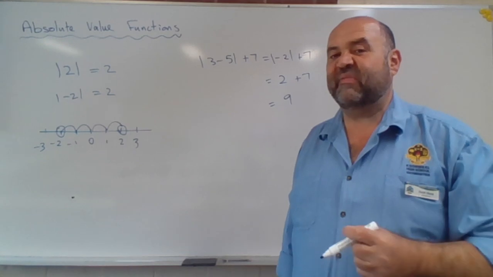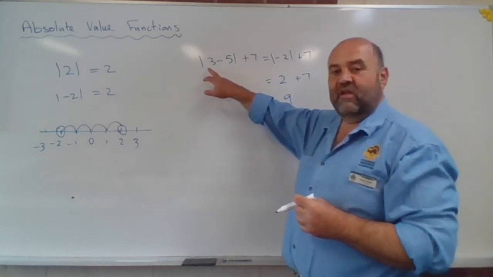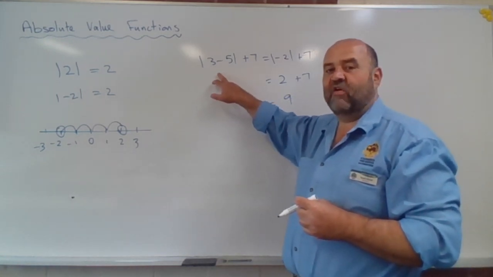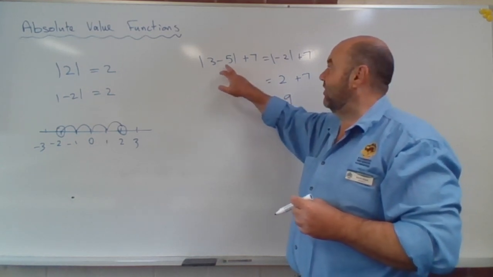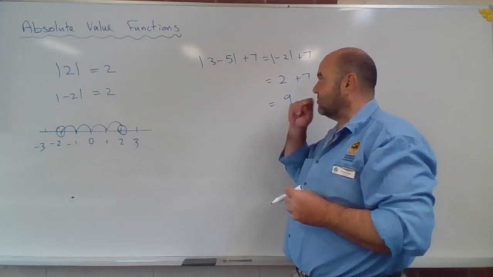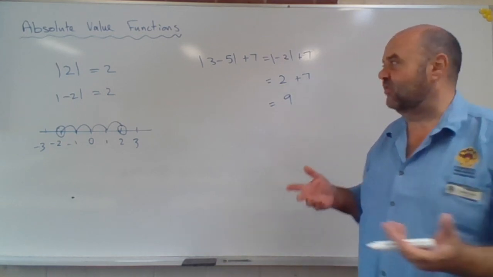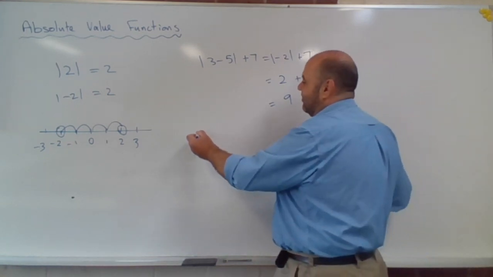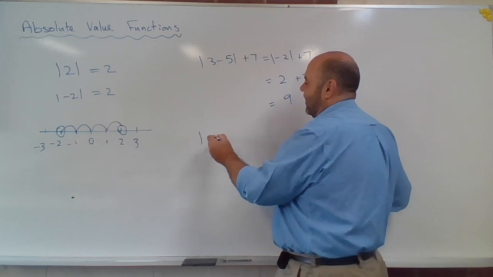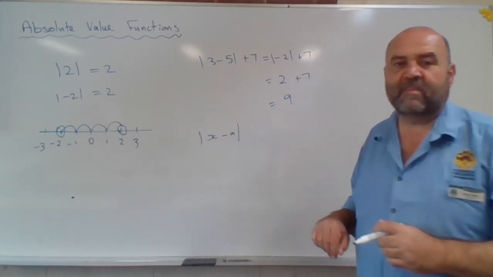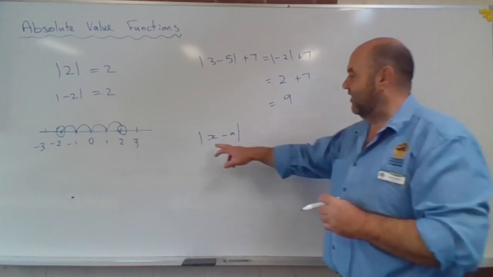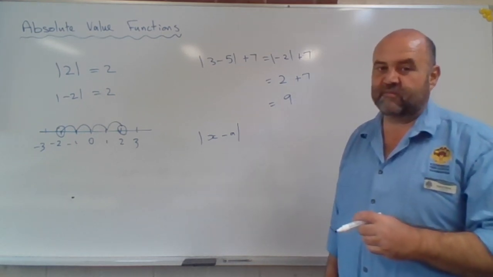Okay. So a little thing to note about absolute value. Have a look at this. The absolute value of 3 minus 5 turned out to be 2. There's a bit of a result that tells us this, that the absolute value of x minus some value is the distance of x from that value.